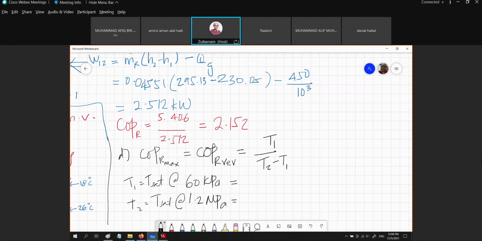So this is at the space, the cooling space temperature. And our T2 is basically based on the temperature input to our water. Minus the T1 again, which is minus 30.